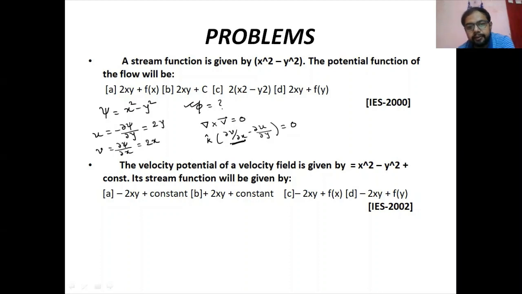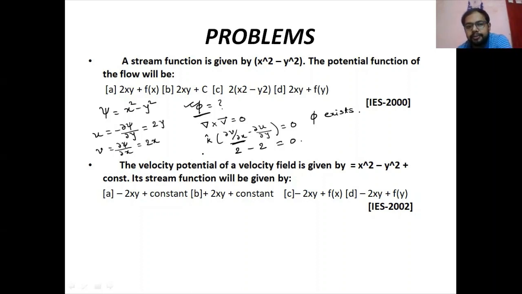If you perform dv by dx, it is 2. And if you perform du by dy, it is also 2. 2 minus 2 definitely gives you 0. So hence we can say phi exists. Now we have to go for the value of phi.